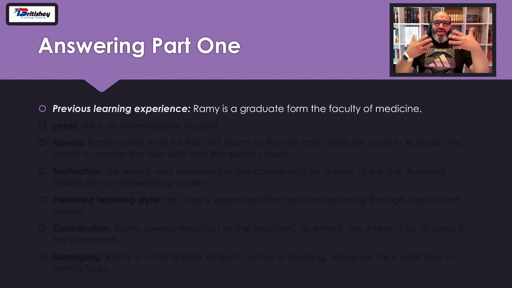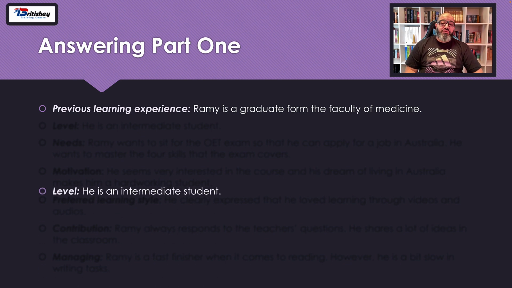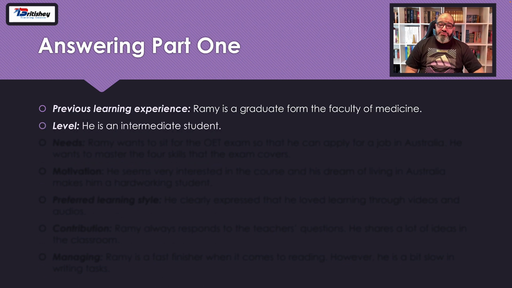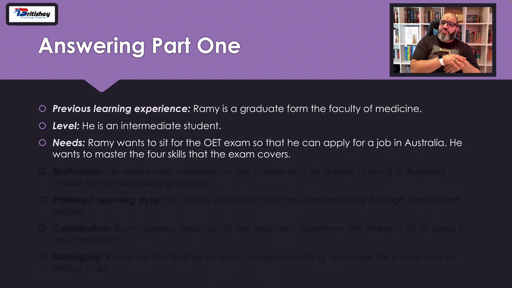And then you can add how he learned maybe English in the Faculty of Medicine, what he did maybe in secondary school. You can add as much as you want, but remember that you have 200 words to cover and don't try to exceed that. Okay. When it comes to level, he's an intermediate student, for example. When it comes to needs, you might write something like that.